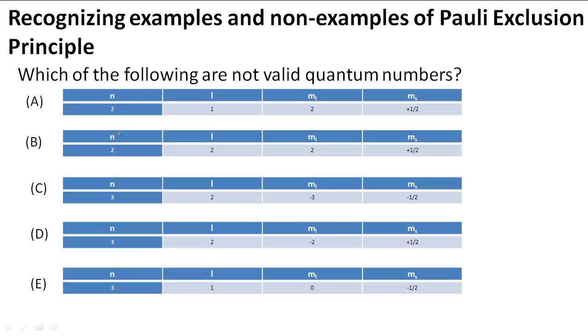It says the principal number is 2, so it's energy level 2. It is in the p orbital because that number 1 represents the p orbital. And then here it says 2.